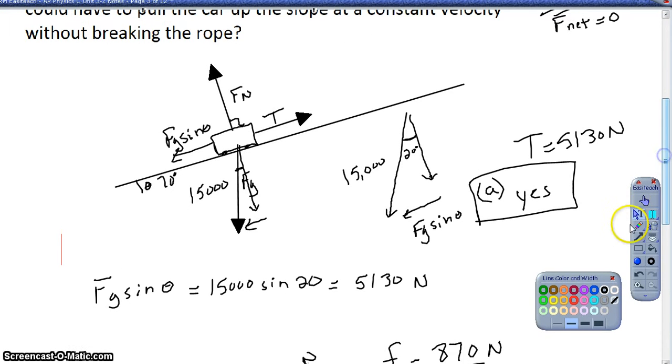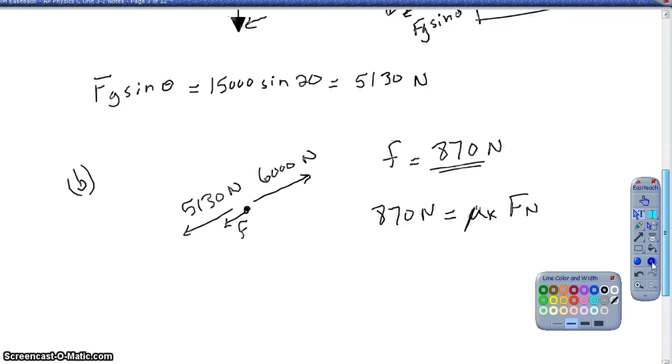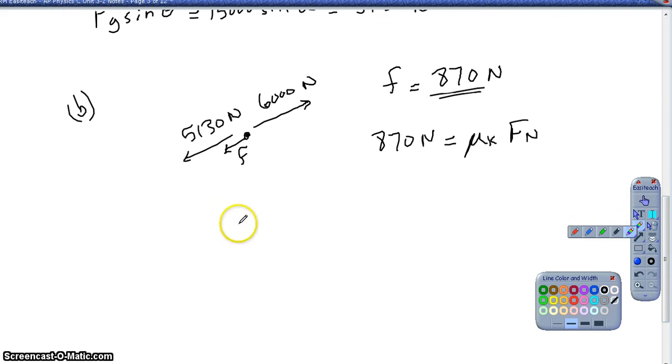It's the cosine component of my force due to gravity because the object is not accelerating into or out of the incline. So normal force equals Fg times cosine of theta. They gave me those two measurements to work with. So 15,000 times cosine of 20.